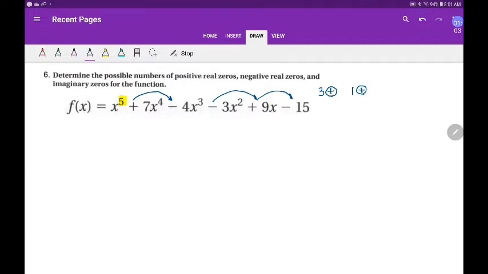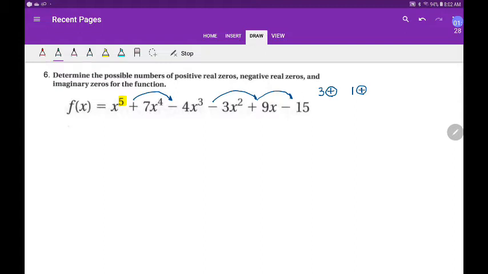I might not have any, but remember that if I have a couple imaginary that get in there, they have to come in pairs. So if I do happen to have other things, they're going to take me out by twos. So I either have three or one, or maybe none at all, as far as positive goes.